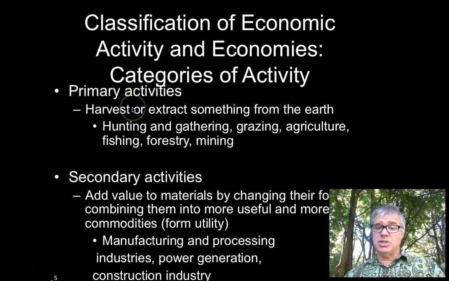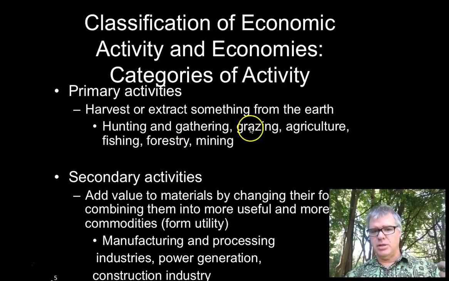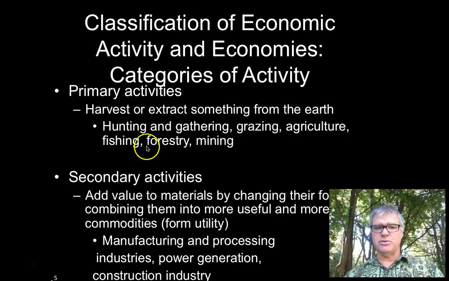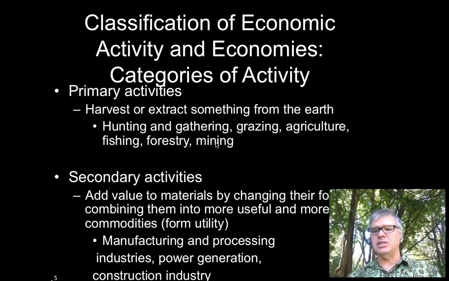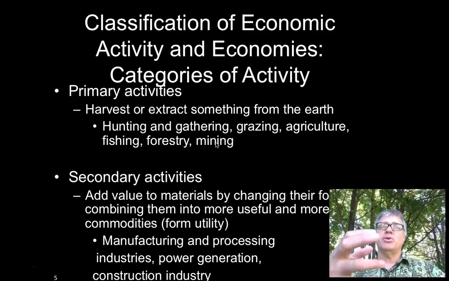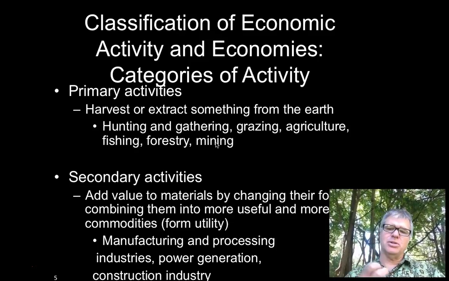This is essentially when you are extracting or getting value out of something from the natural world. So it's to harvest or extract something from the earth. Hunting, gathering, grazing, agriculture, fishing, mining, these are the activities we call primary activities, because they're directly related to going out and getting materials and making them have some human use.